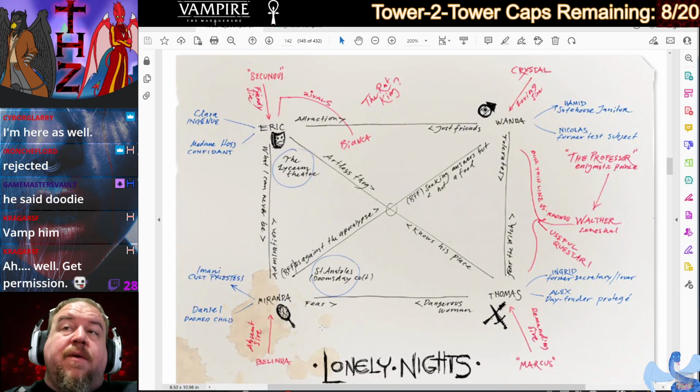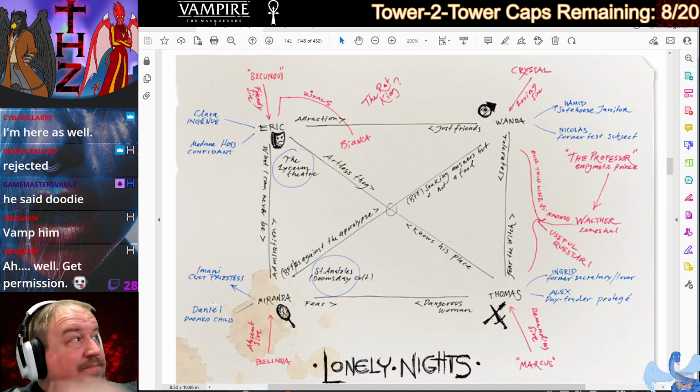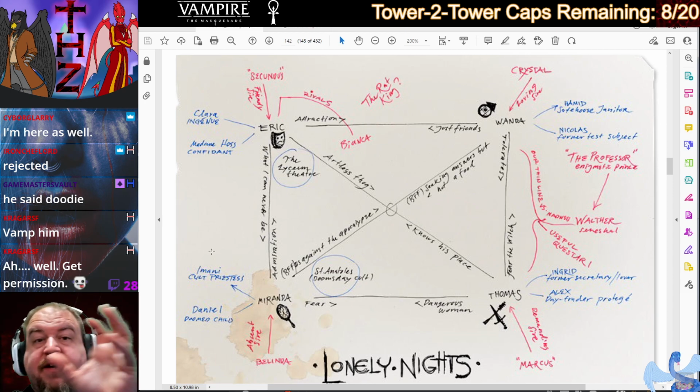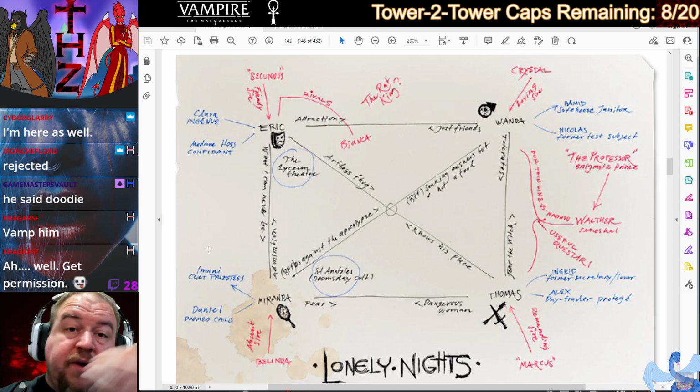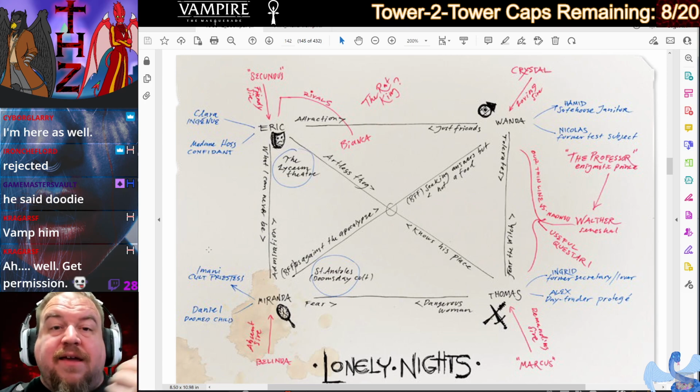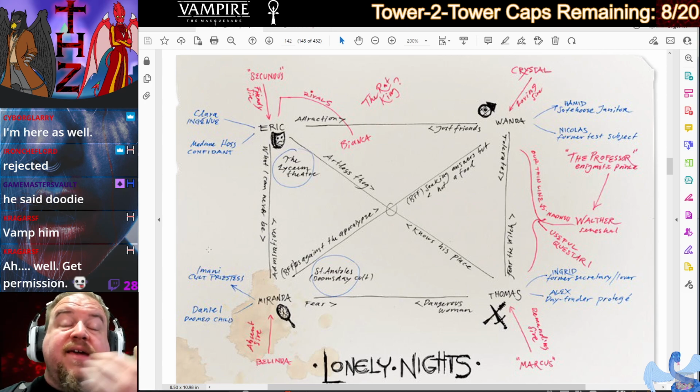Now, in the book, you see that they did rearrange the coloration. So we have red and blue as kind of opposing colors to differentiate between the kine, cattle, the humans, and the kindred, vampires, in red here.